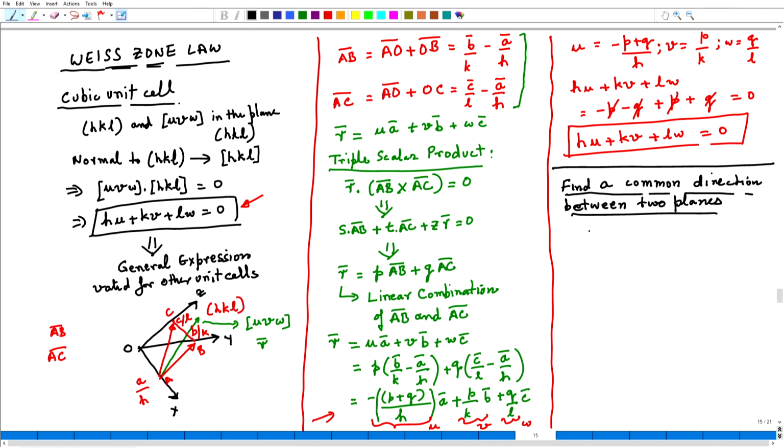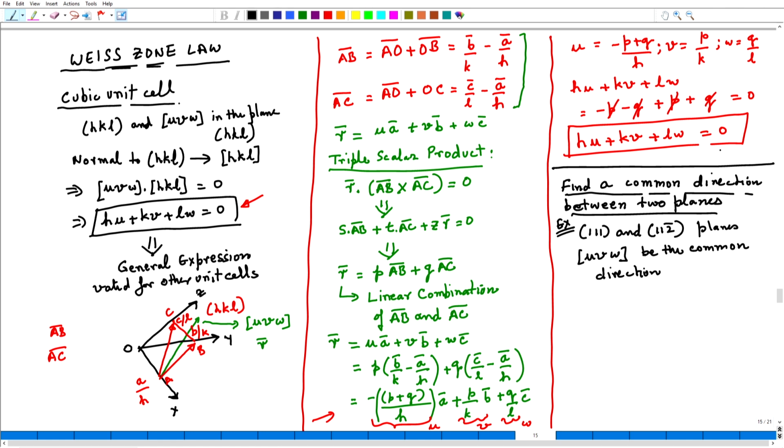And as an example, let us consider the 1 1 1 and 1 1 bar 2 planes. So, this is just an example here. Let u v w be the common direction, which basically means the direction u v w should be lying in both the planes.